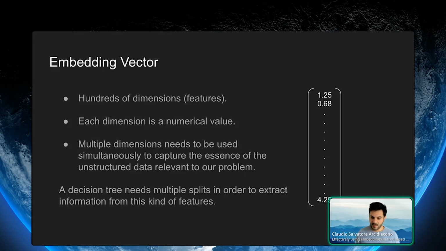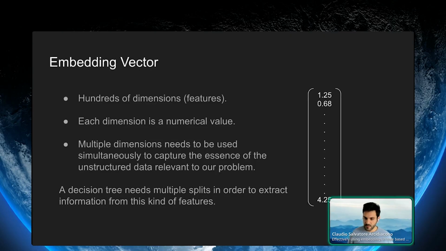And numerical embedding vectors are dense, meaning that we need to use multiple dimensions simultaneously in order to extract all the information from it. So what this means is that a decision tree would have to make a lot of splits on an embedding vector in order to extract information from it, meaning that it would have to grow very, very deep to fully extract information from embedding vectors.